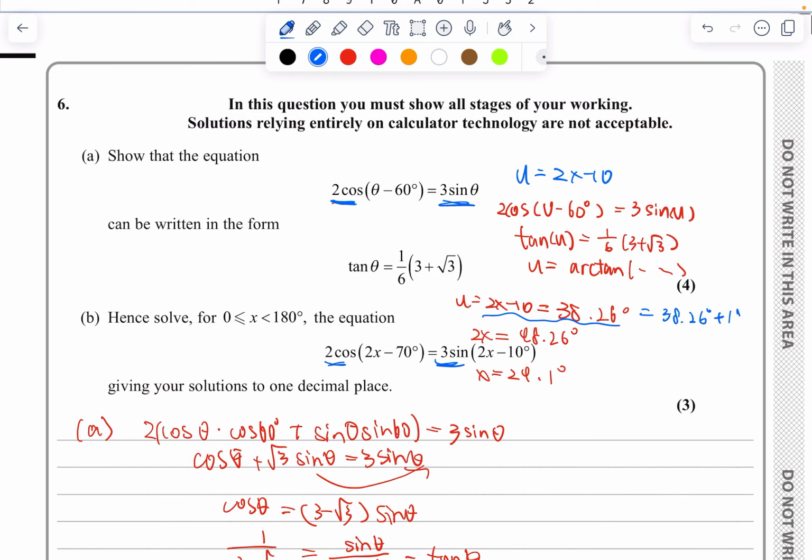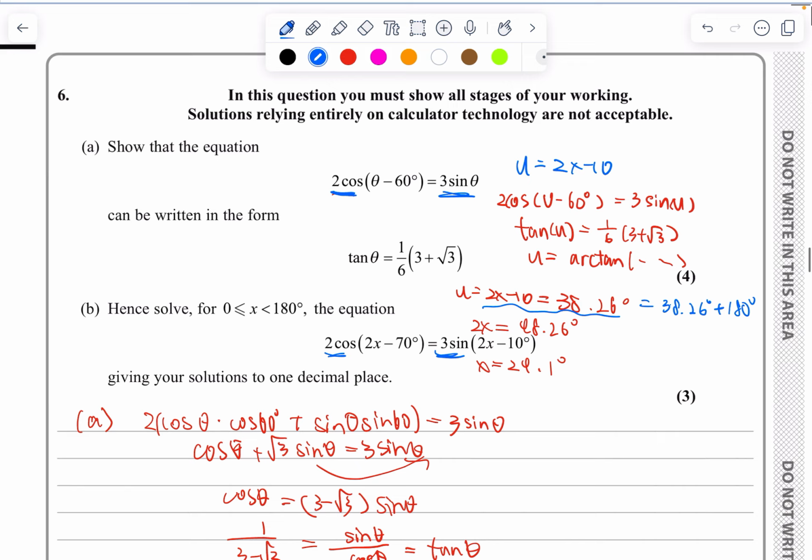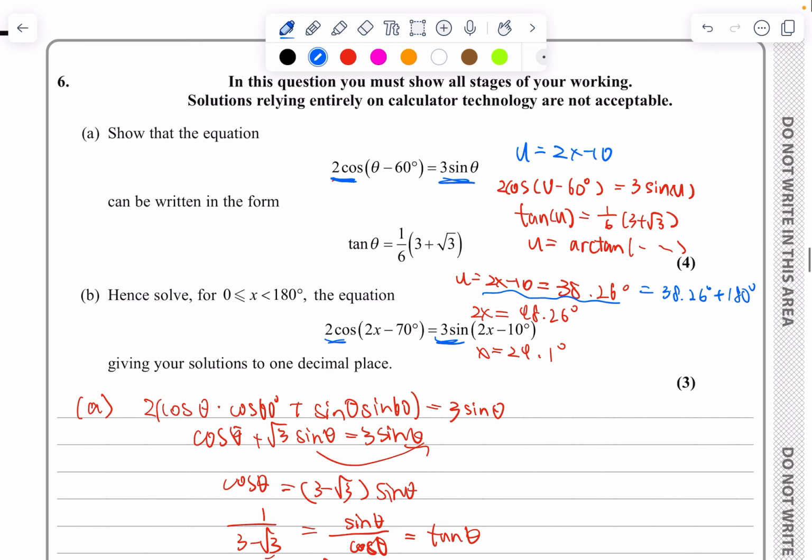You may ask, why? Because tangent has a period of 180 degrees, right? So that means every time we have a solution, the next solution will be plus 180 degrees. Or we can find the previous answer, which is minus 180 degrees.